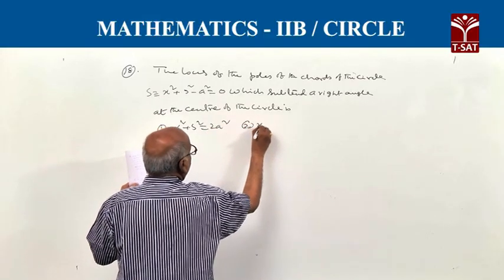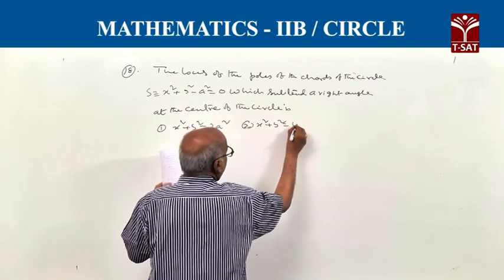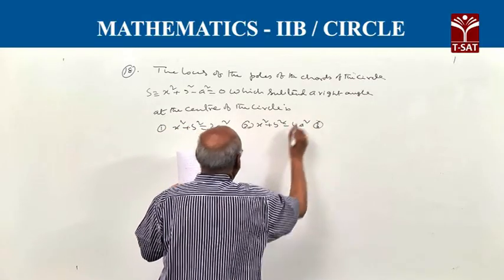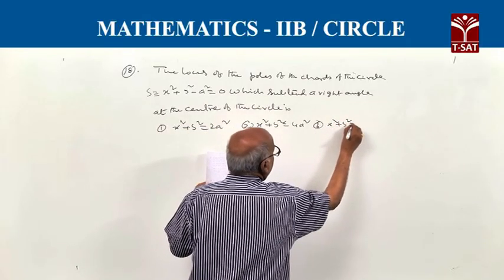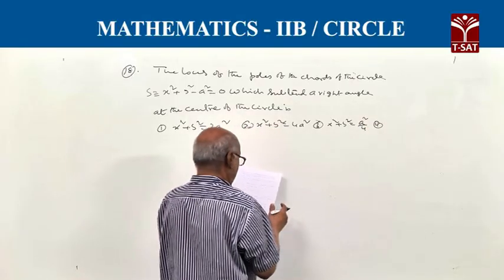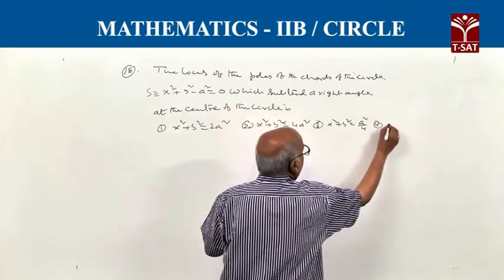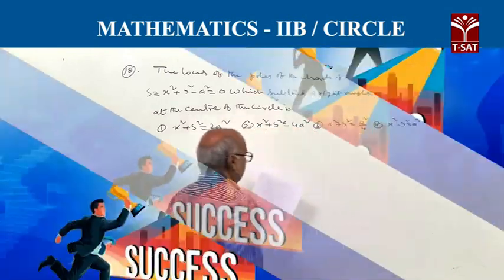Number 2, x² + y² = 4a². Number 3, x² + y² = a²/4. And number 4, x² − y² = a².